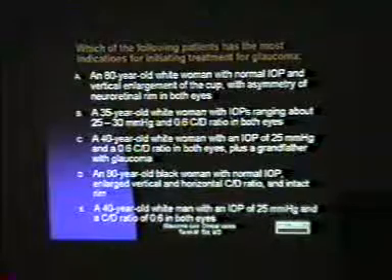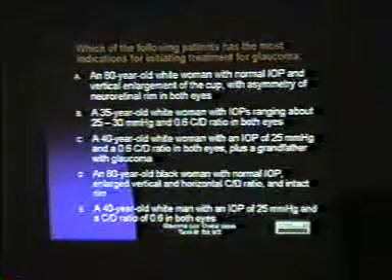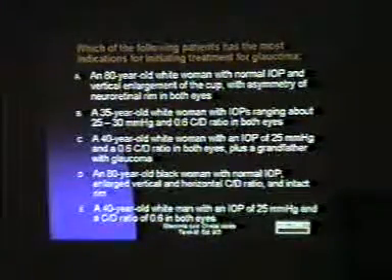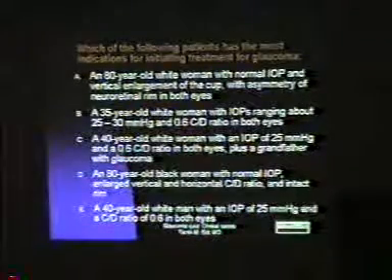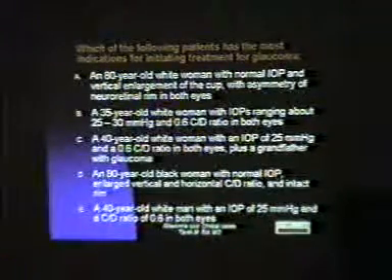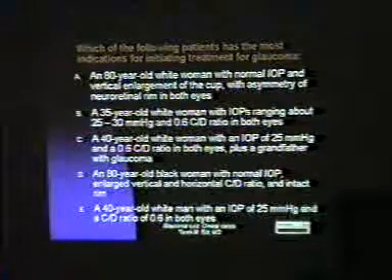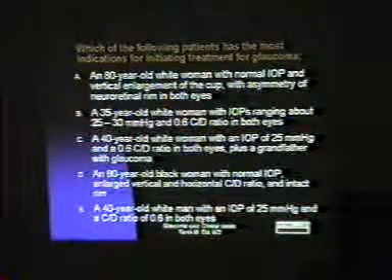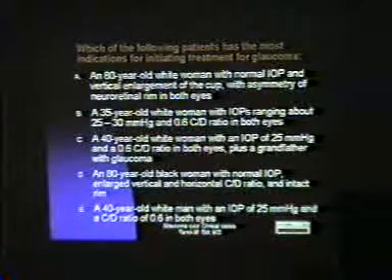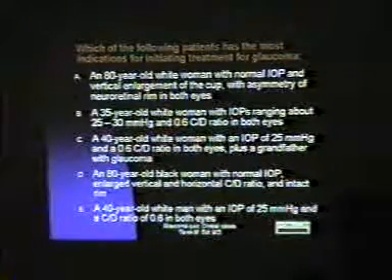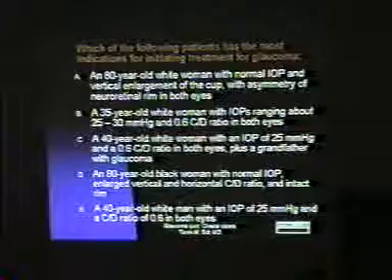Is that right? Okay. How about a patient who is just 35 years old, female, IOP between 25 and 30, and 0.6 cup disc ratio in both eyes? No, you will not treat. This patient will be considered ocular hypertension, so you will do some work up for him: visual field, disc photo, nerve fiber analysis and so on.